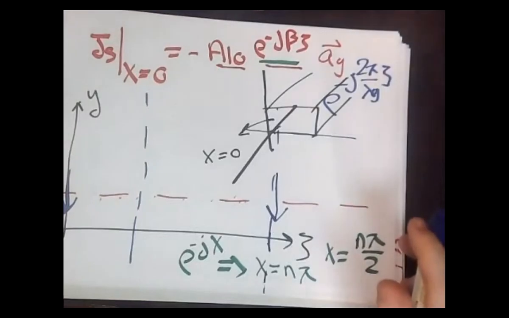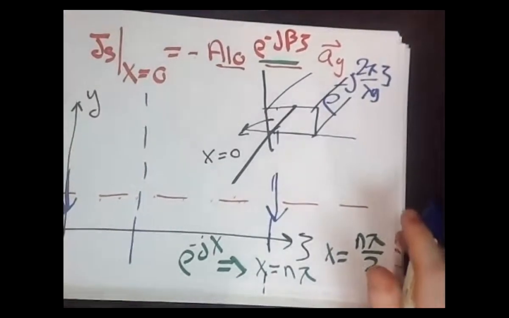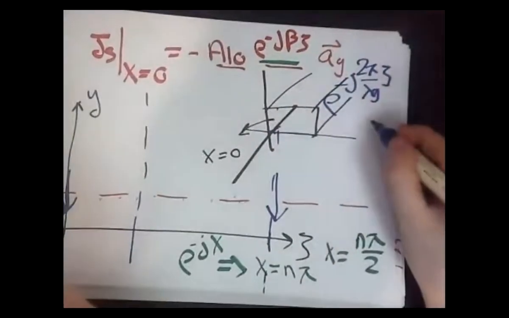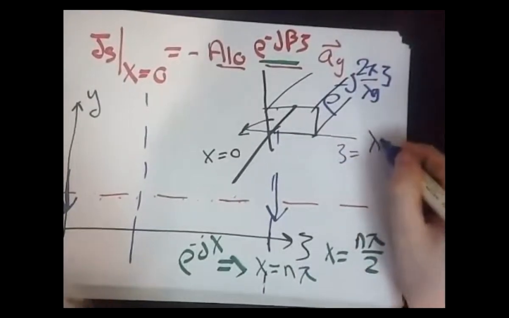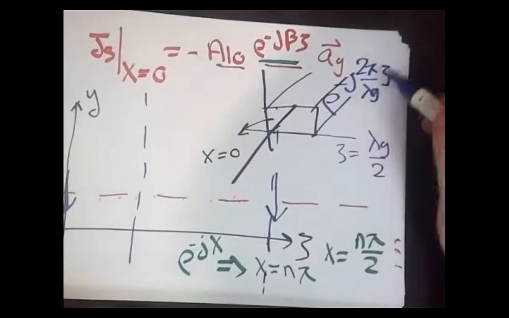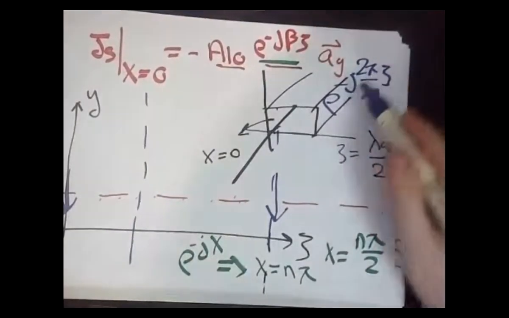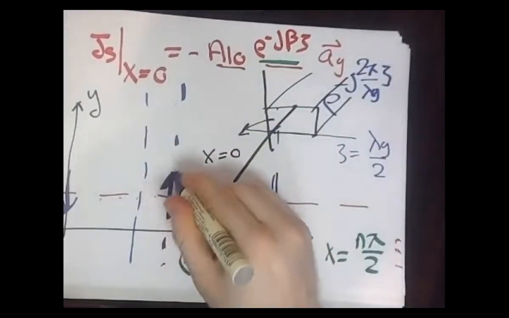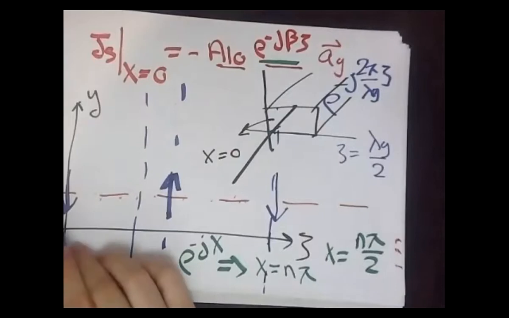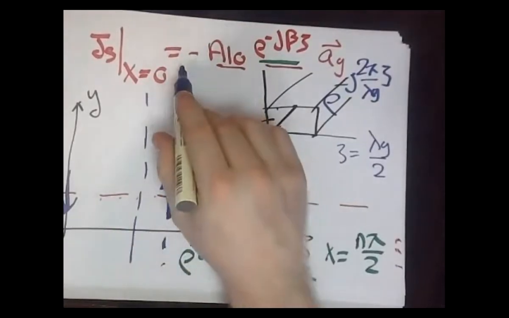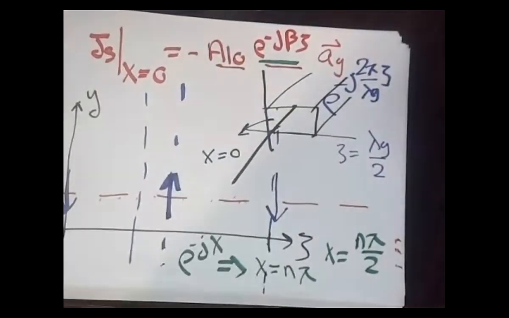Then when z equals lambda g over 2, you will have e power minus j pi, which will give you something like that. So you have here a maximum, and a minimum. The minimum will turn from a negative to a positive sign.